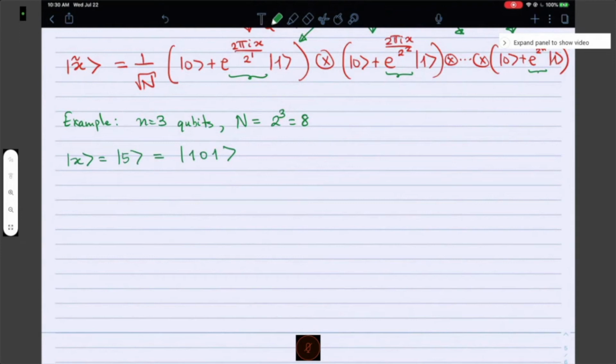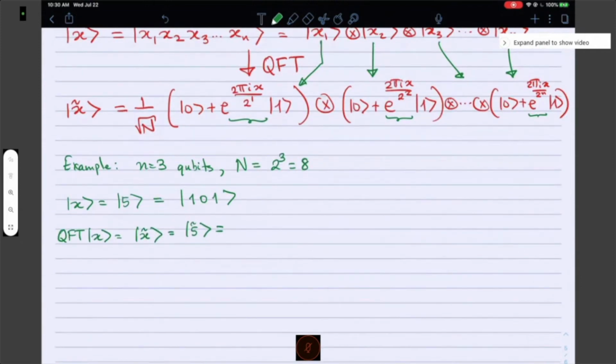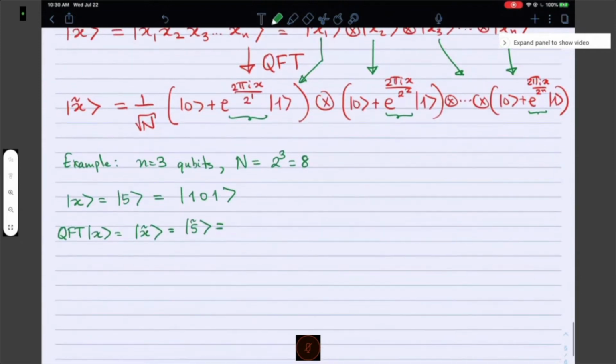What does the QFT look like? QFT of x, which we've been calling x tilde, is 5 tilde in this case. And you can immediately write it down, right? I'm going to do it for you. It's 1 over square root of 8. For the first one, I have 0 plus e to the 2 pi i 5 over 2 to the power of 1.